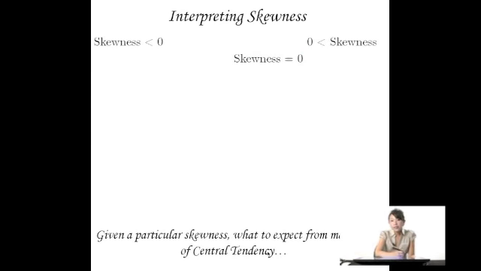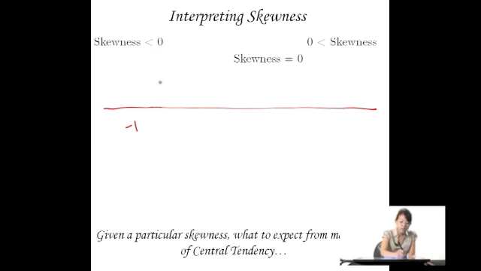All right, so now let's talk a little bit about interpreting skewness. Imagine this is all of the skewness values that are possible. If we find out that something has negative skewness, let's say it has -1 skewness, and we find out that a distribution has it, but I haven't shown you the distribution, can you guess what kind of distribution it is?